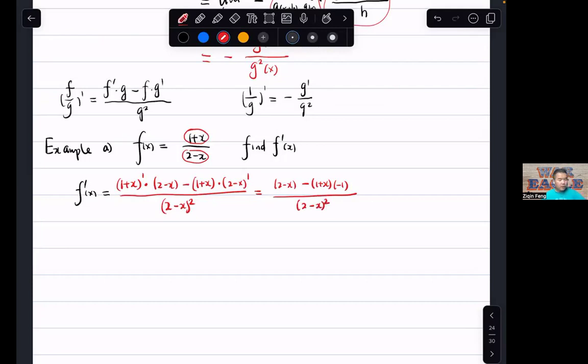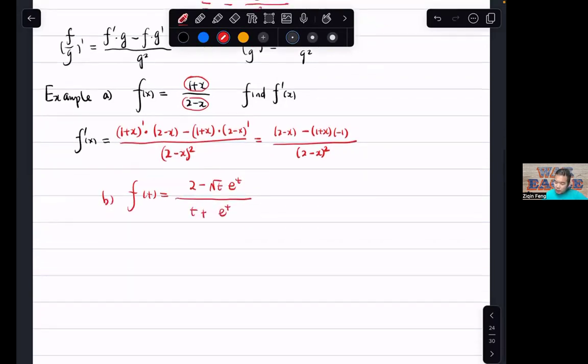Let's see one more example. Part B: our function f of t is 2 minus root t e to t over t plus e to t. We want to find f prime of t. The numerator is a difference of two functions, and the second term is a product of two factors. The denominator is t plus e to t.